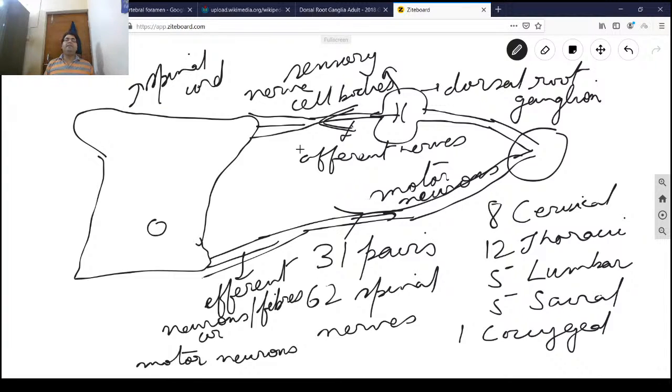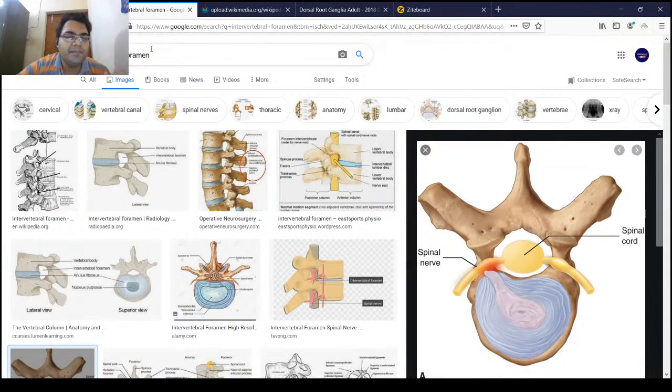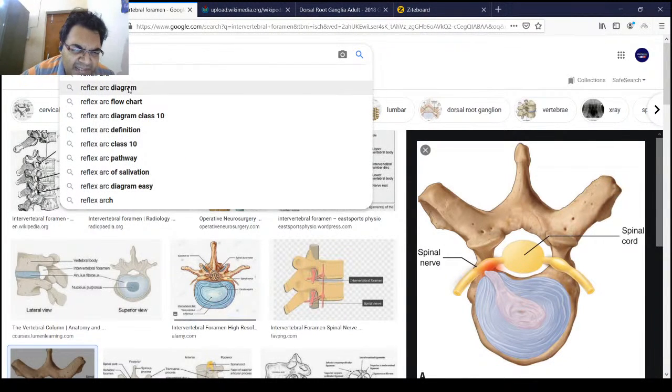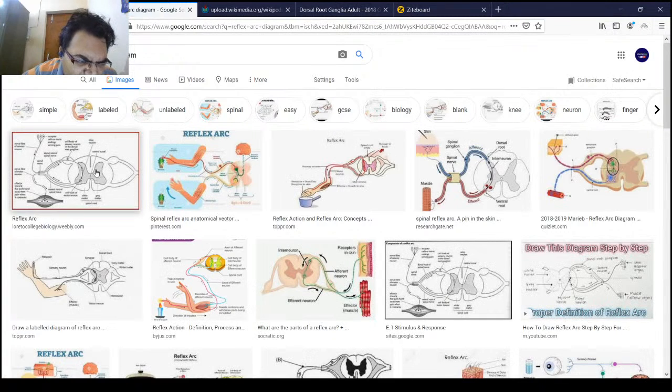Reflex action is the nerve coming from the receptor. Receptor means, suppose this is my hand. If I get the diagram of the reflex arc, much better. Okay, we got a very good diagram here.